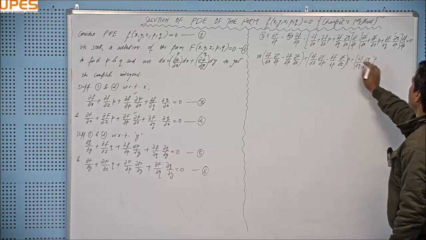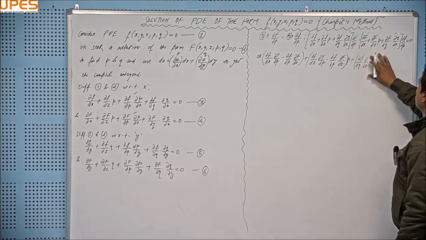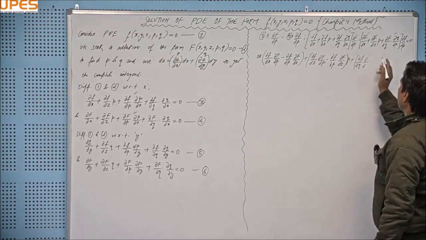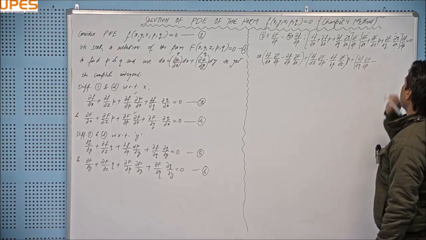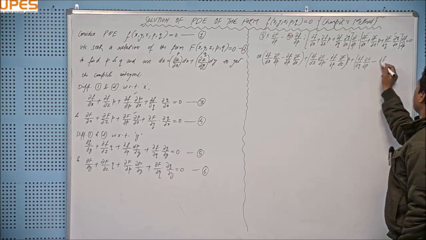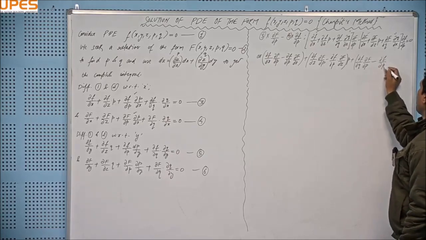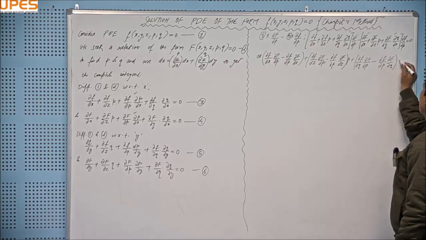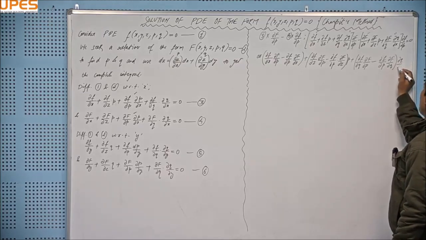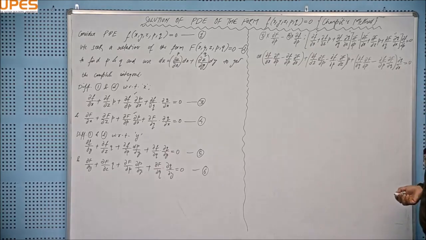I think something will be common, ∂q/∂x will be common. So we have ∂f/∂p minus ∂f/∂p times ∂F/∂q, and outside we will have ∂q/∂x, is equal to 0.